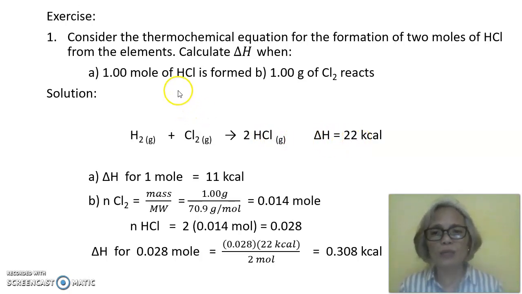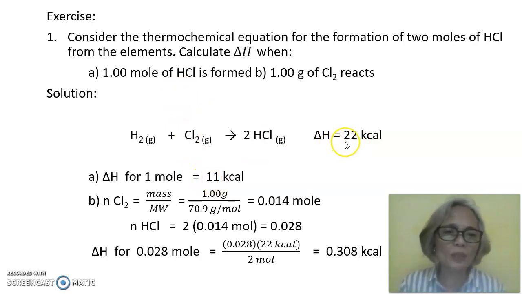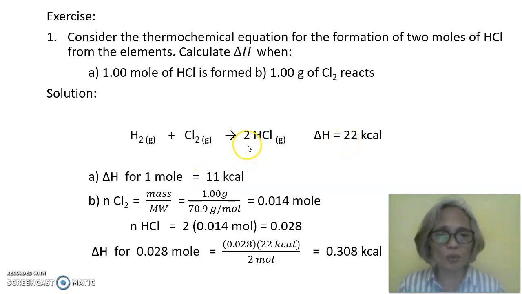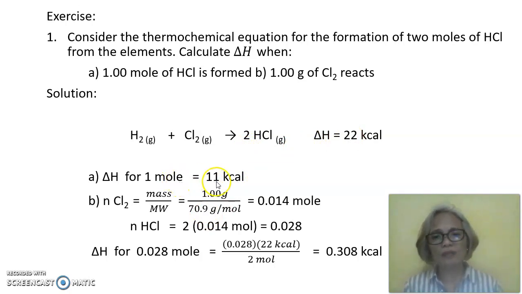We are asked for 1 mole, so this is simply ratio and proportion. The 22 kilocalories is equivalent to 2 moles, so we divide by 2 to get the kilocalories for 1 mole of hydrogen chloride. So we have 11 kilocalories of enthalpy for 1 mole of hydrogen chloride.